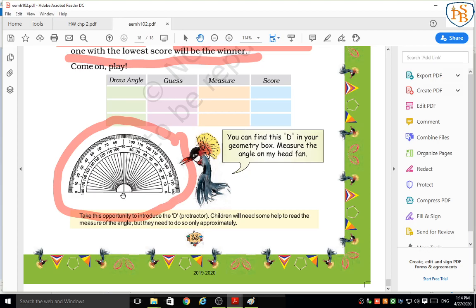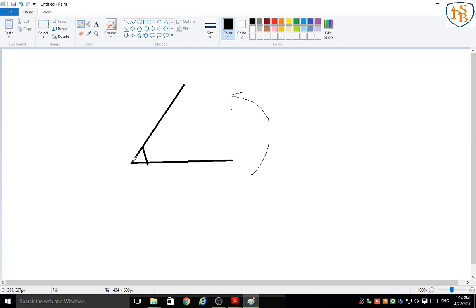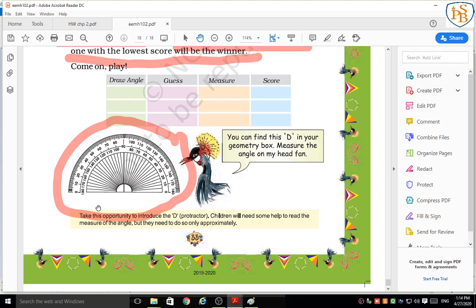If we put this point over here and measure the angle, then zero will be here, 10, 20, 30, 40, 50, 60. When you keep the D on the angle, first, before measuring, you write down your answer. It could be, supposed to be, 50 degree, and while you are measuring with the D, if you got the answer 60, then what is the score?